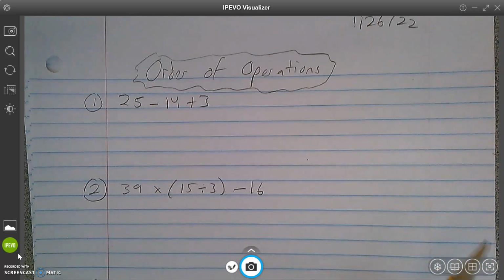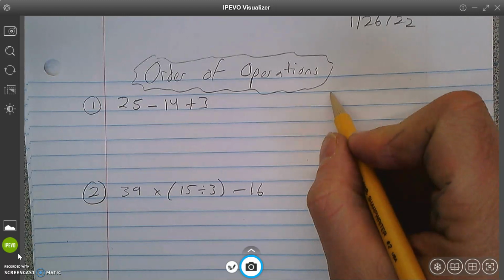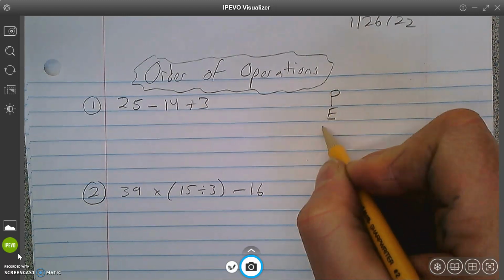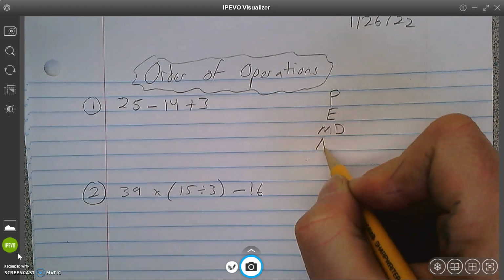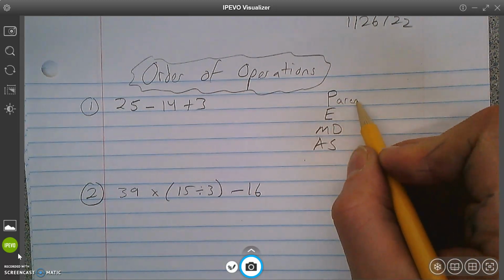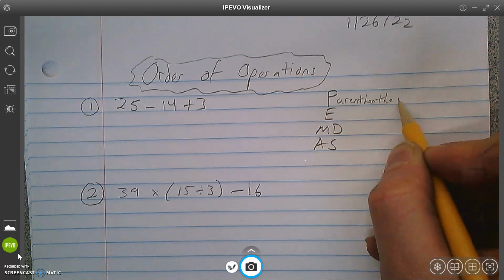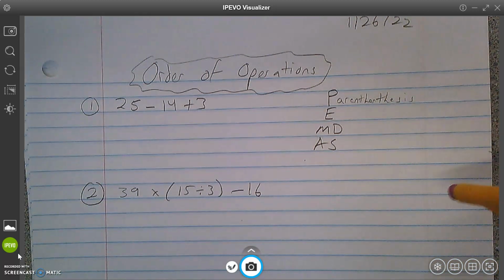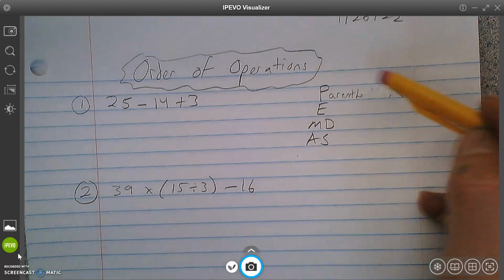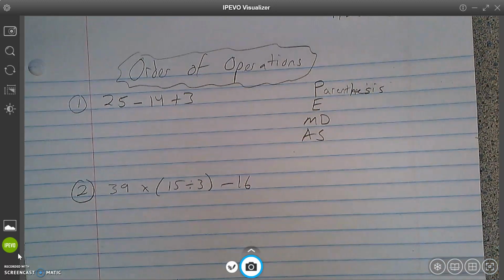All right, so whenever I see these problems with multiple operations, I always write this on my paper. So write that on your paper. P stands for parentheses first. Sorry, that's not how you spell it. Parentheses.